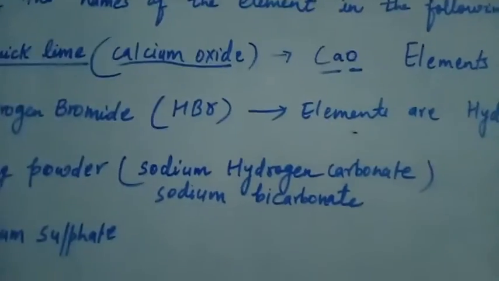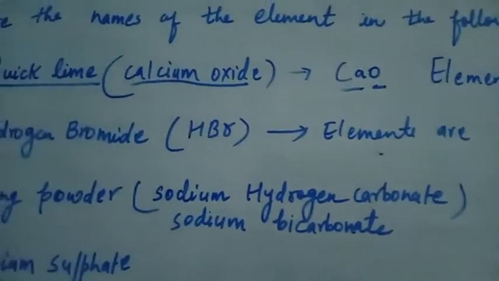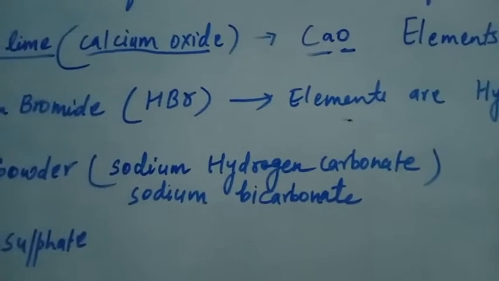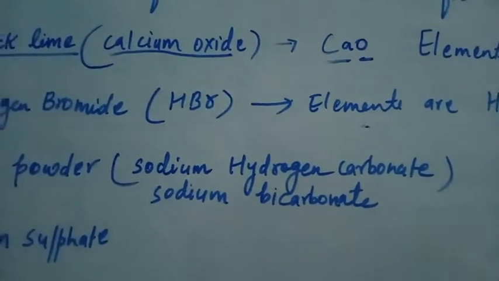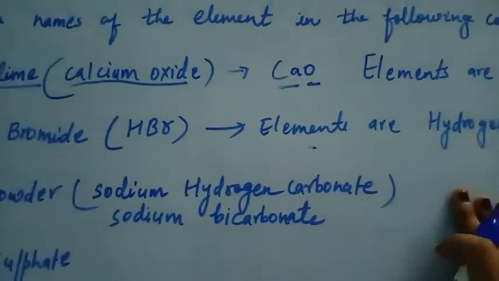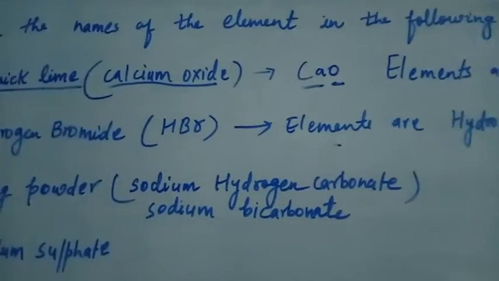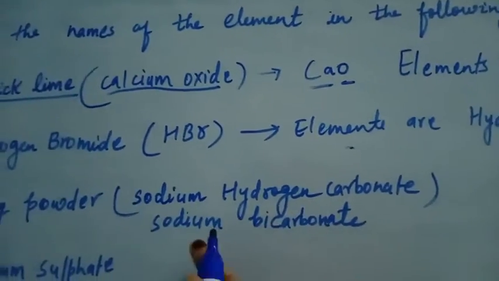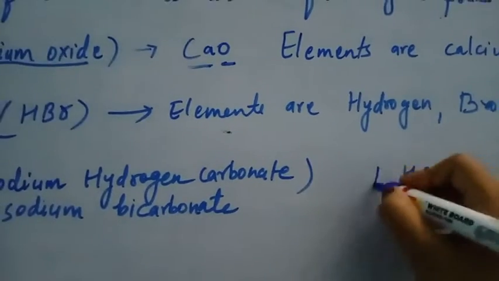Okay, so sodium bicarbonate. If you don't know how to predict, then you can just do crossover as we have discussed before, and you can predict the chemical formula, and from the chemical formula you can predict the elements present in them. So sodium hydrogen carbonate, sodium bicarbonate, it is HCO3 and sodium Na.